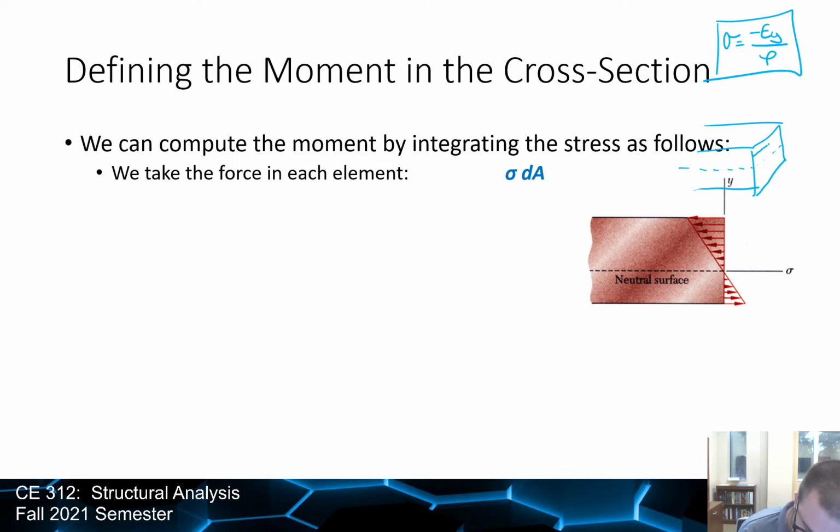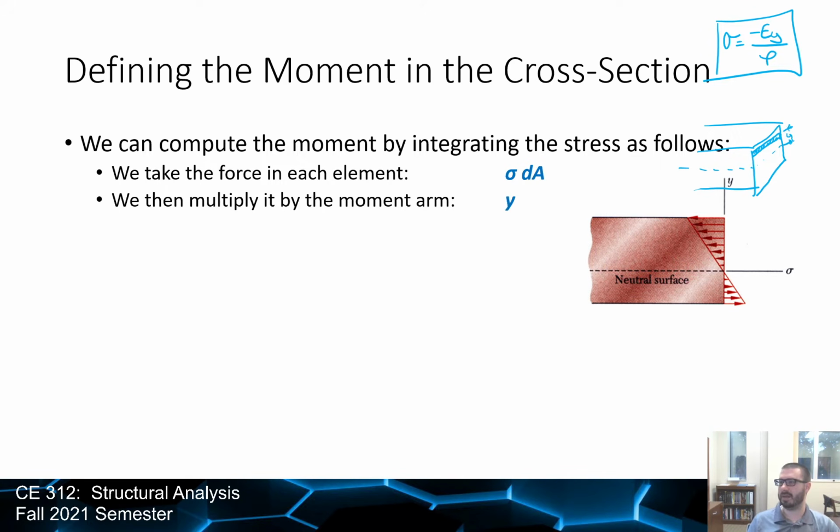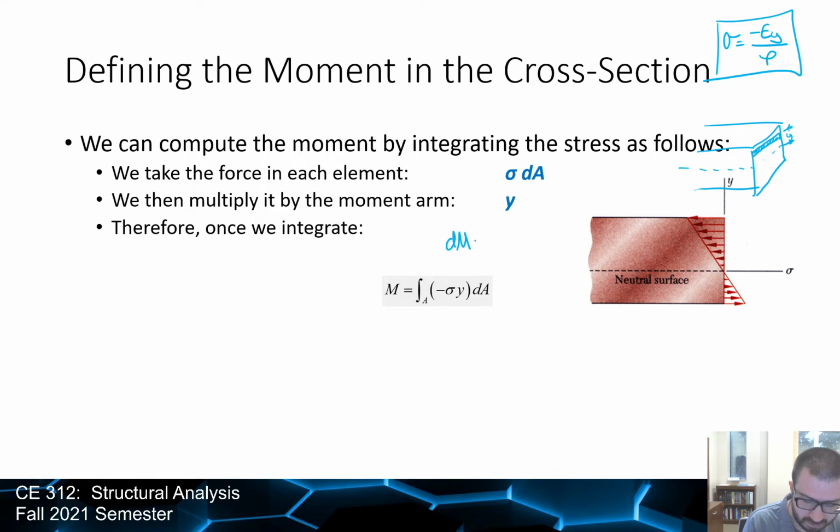If I'm looking at this element, the area of that element is some differential dA, some little incremental area, multiplied by the stress. That will give us the force in that element. Then the moment arm, y, is how far it is away from the centroid. So if we take the force and multiply it by the moment arm, that tells us the moment in that differential segment, so dM is sigma y dA.